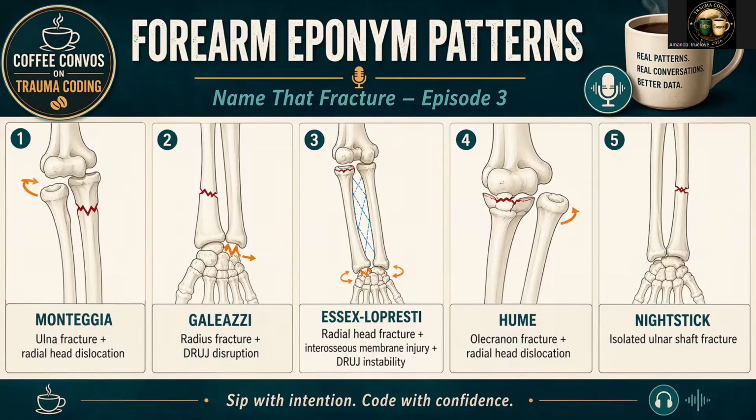Today's episode is forearm combination codes: Monteggia, Galeazzi, Essex-Lopresti, Hume, and Nightstick. Now, if episode 1 laid the foundation, and episode 2 taught us that named shoulder injuries are not interchangeable, episode 3 is where coders begin to really sharpen their eye for combination pattern injuries.